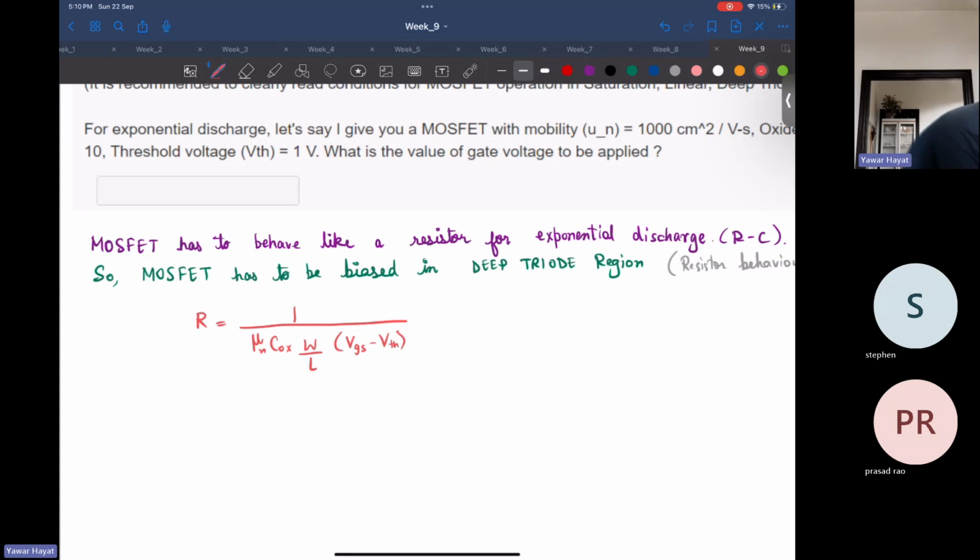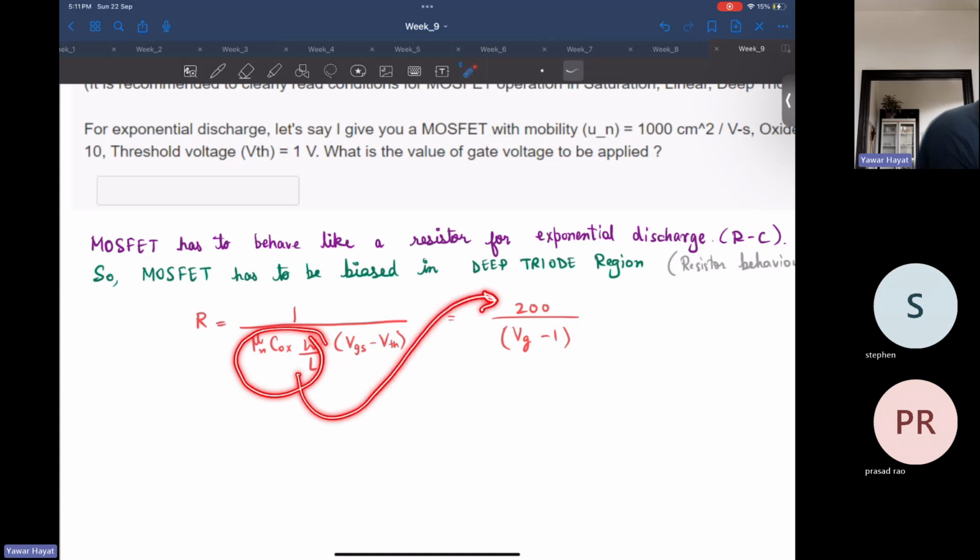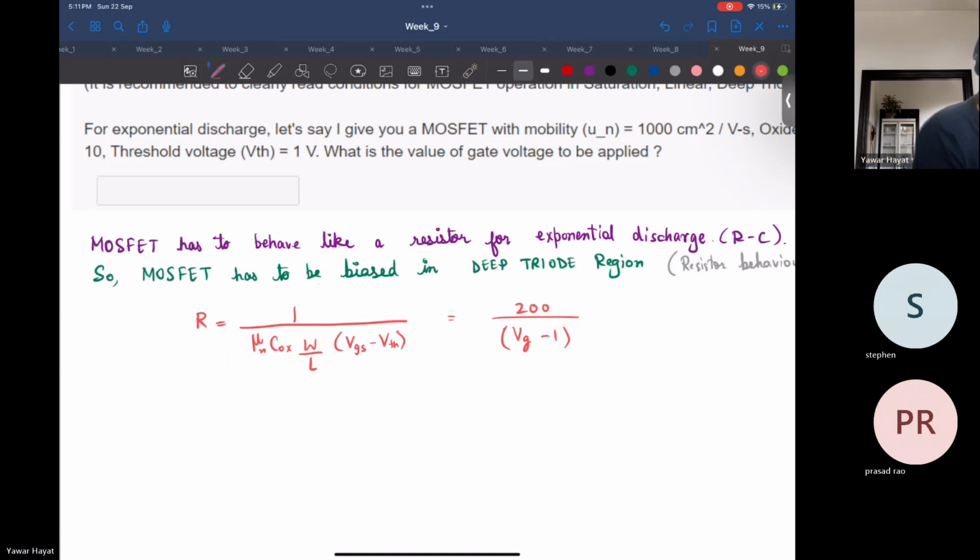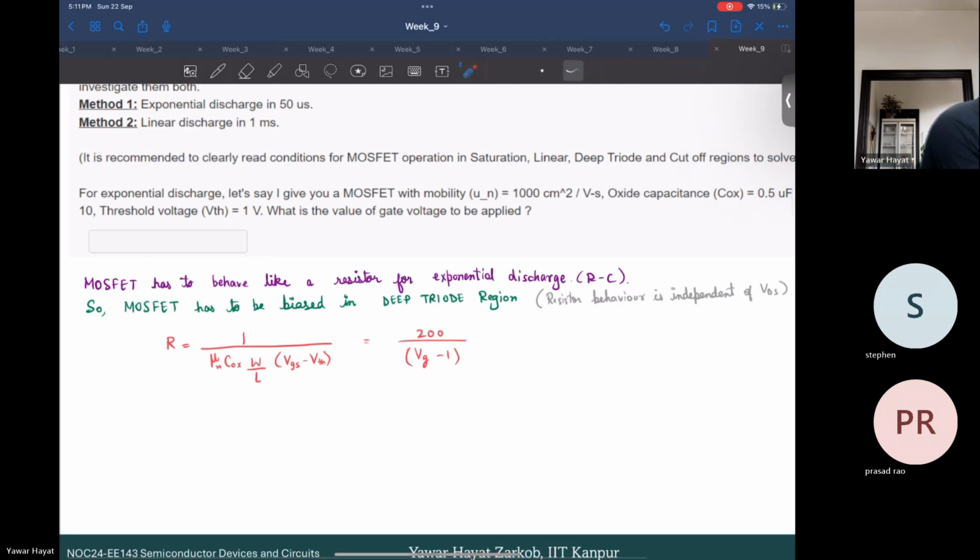Right, this is your R. If you put in the values, you'll get it as follows. This would be 200 by VG minus 1, right? Your VTH is 1, and this factor turns out to be 1 by 200, so I took it into the numerator. So remember this, our R is this.